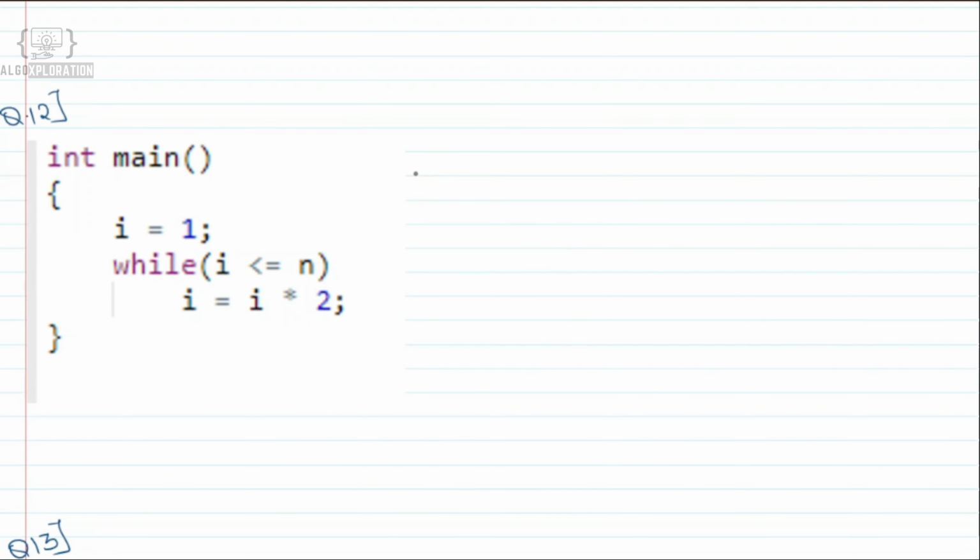let's take an example for this problem. n equals 32. Now initially i value is 1. Is 1 less than or equal to 32? Yes, it is. So we will multiply i by 2. So i will be 2.